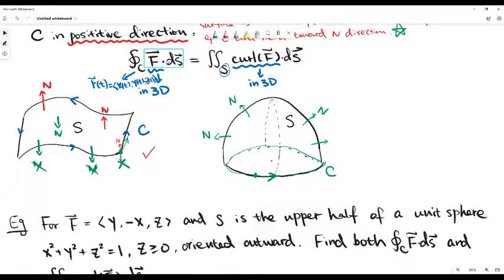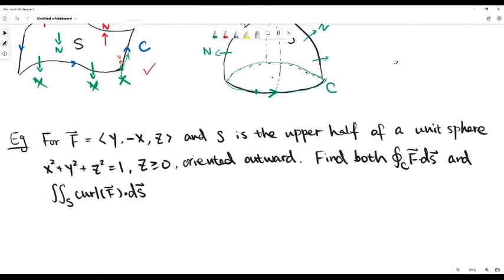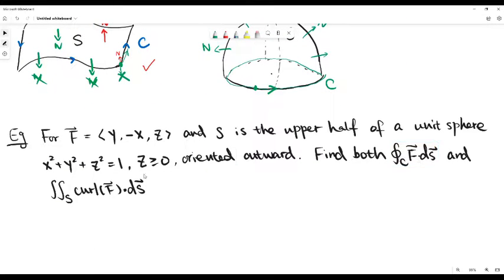And depending on which one is easier, which one is harder, now you can choose either one of them. The answer is going to be the same. So I'm going to show you both ways to compute these two, the line integral and the surface integral, and then you can decide which one is the better one to use.